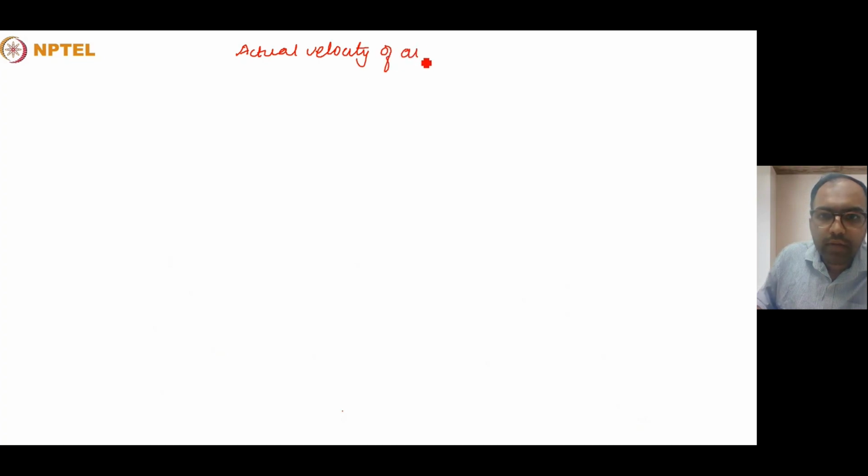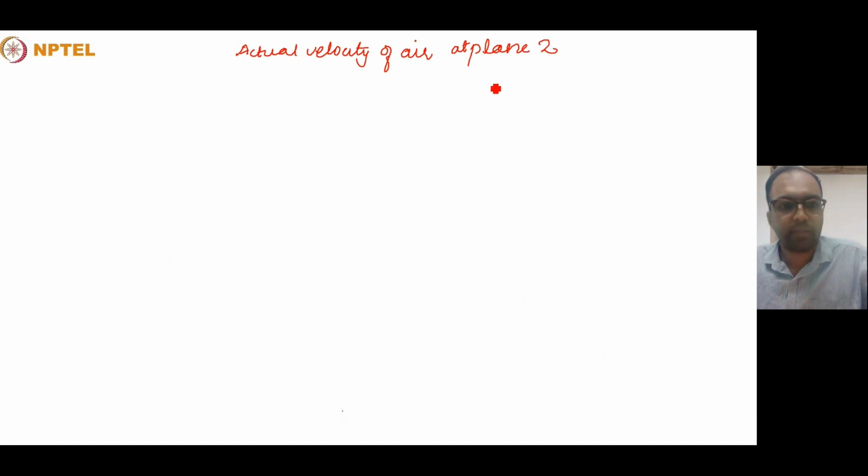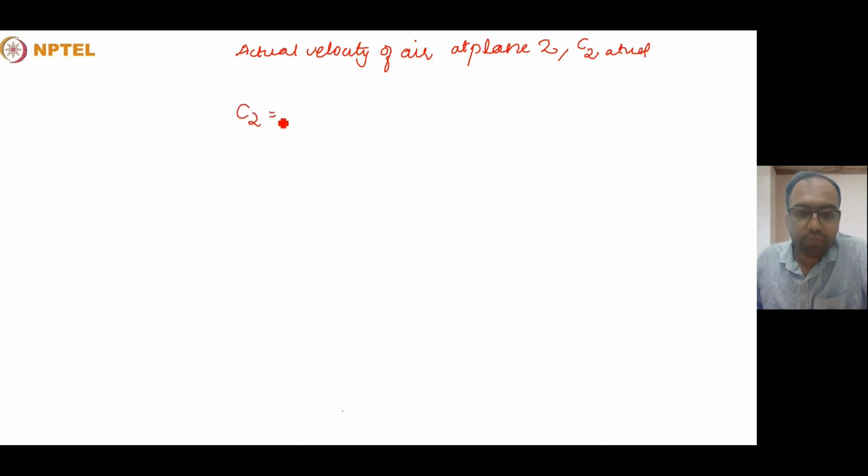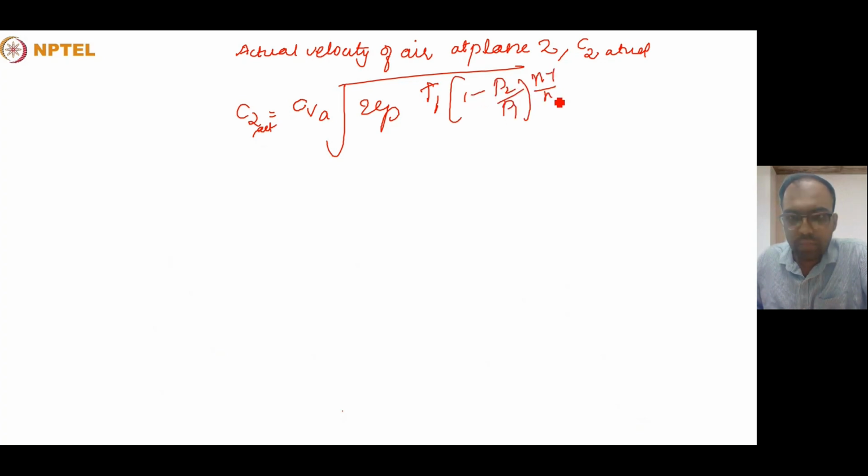So the actual velocity of air at plane 2, C2 actual, is equal to Cv into the square root of 2Cp into T1 into 1 minus P2 by P1 raised to gamma minus 1 divided by gamma.